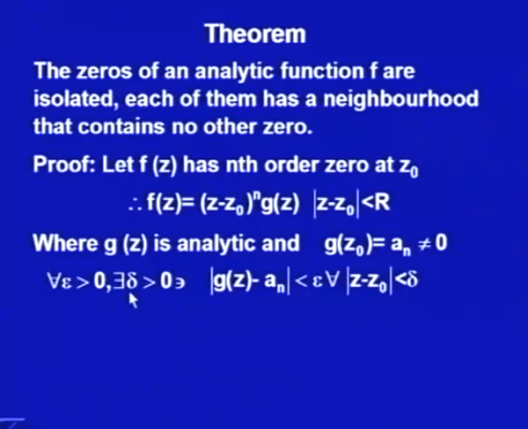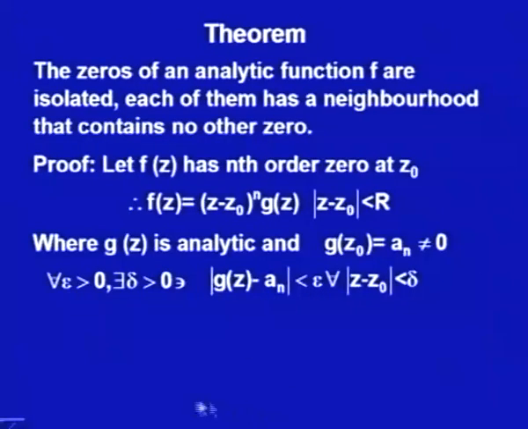So I have taken a delta neighborhood, because g is analytic everywhere. So at z naught also it is analytic. Analytic means that it is continuous at z naught. So by the definition of continuity, if I take any delta neighborhood of z naught, the difference of G of z with G of z naught, that is a n, would always be less than epsilon.